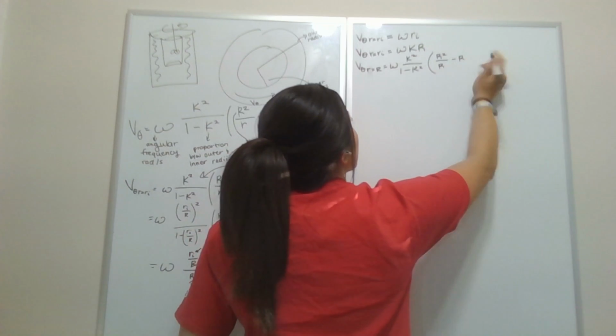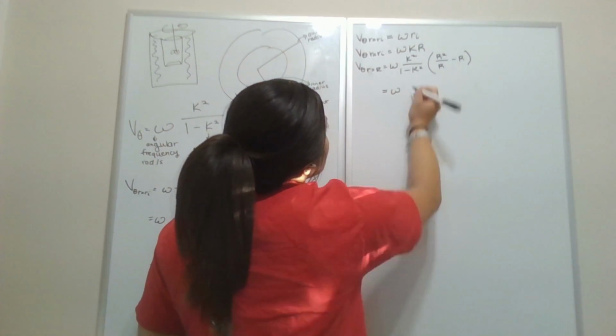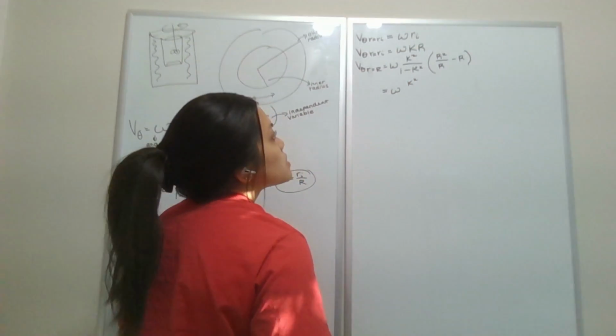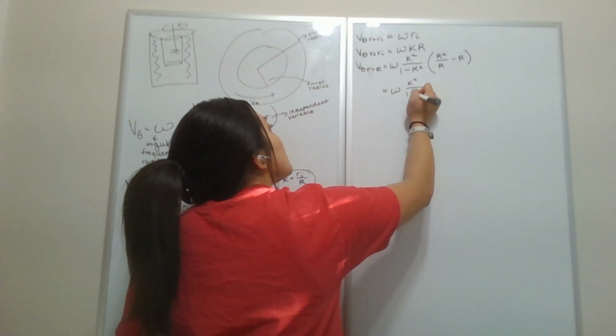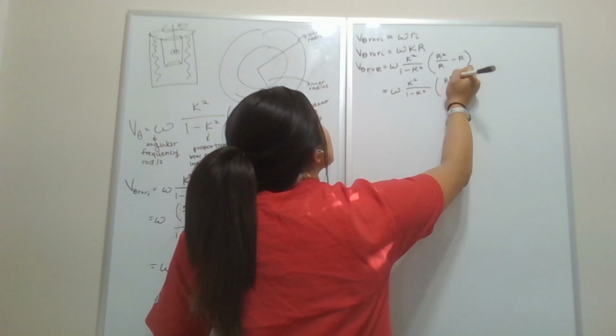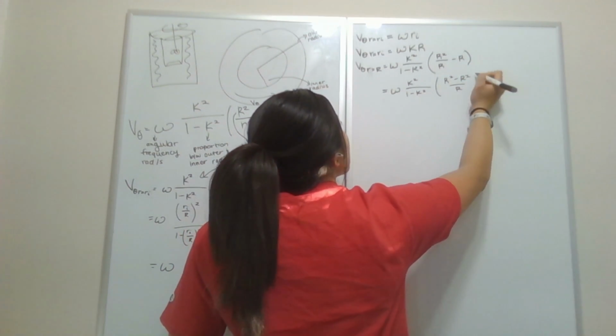And if we simplify this, this is going to give us the angular frequency times the proportion between the inner and outer radii squared divided by 1 minus the proportion squared times the outer radius squared minus the outer radius squared divided by the outer radius.